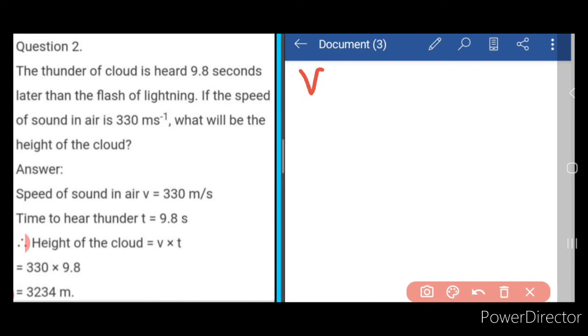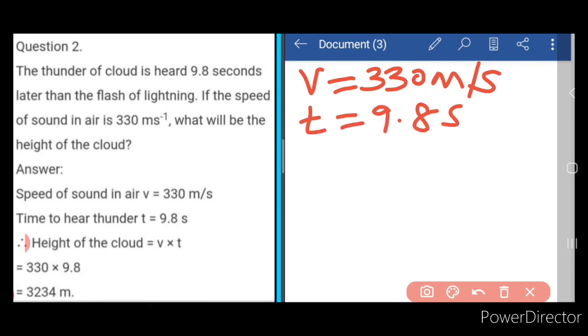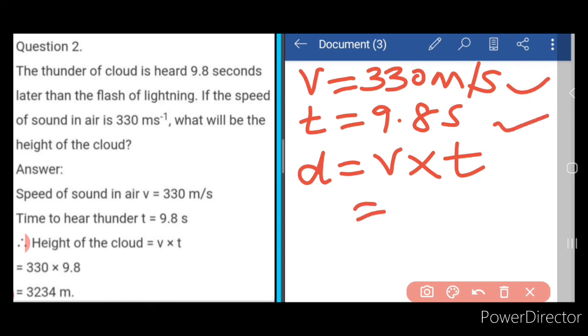The speed of the sound v is given as 330 meter per second, right? Now what is the time that is given? 9.8 seconds. This is the time to hear the thunder after the lightning. Now we have to find out the height of the cloud, that is distance d is equal to v into t, isn't it? Now here directly we can substitute v and t to find out the distance.